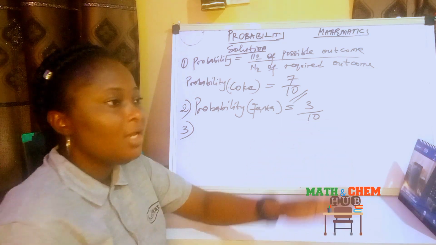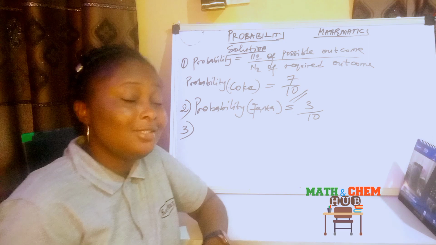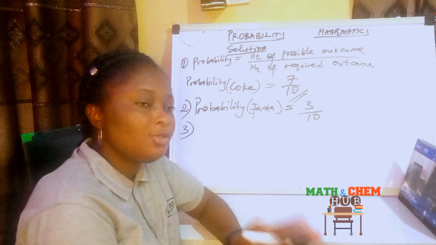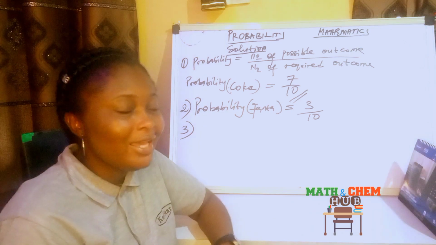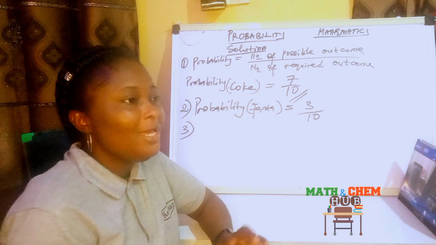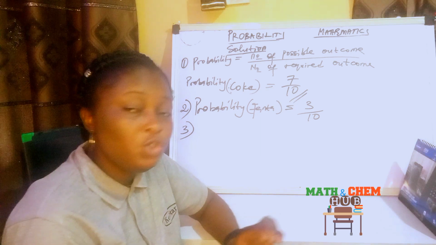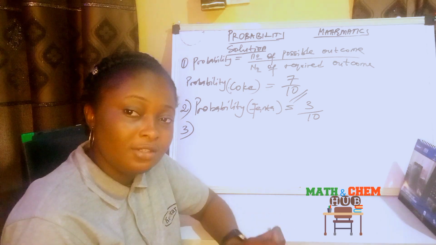Now look at this. The statement said that 7 students out of the total of 10 like Coke, and the rest, which is 3, like Fanta. Meaning that out of those 10 students, each of them has a favorite drink.